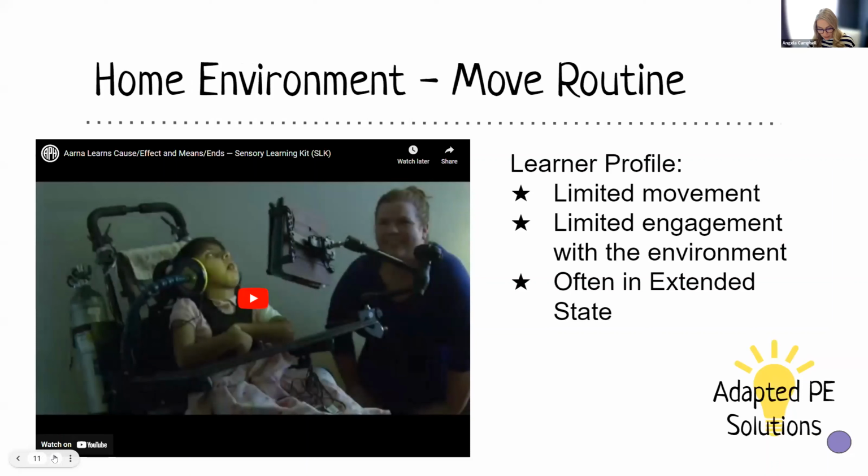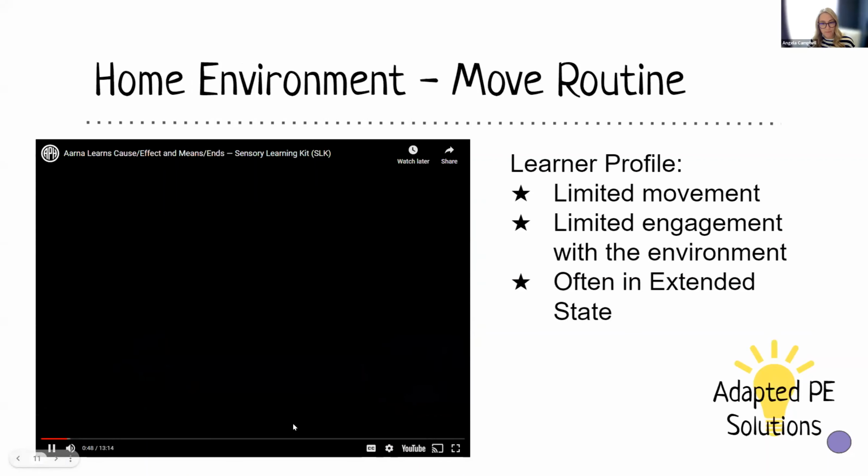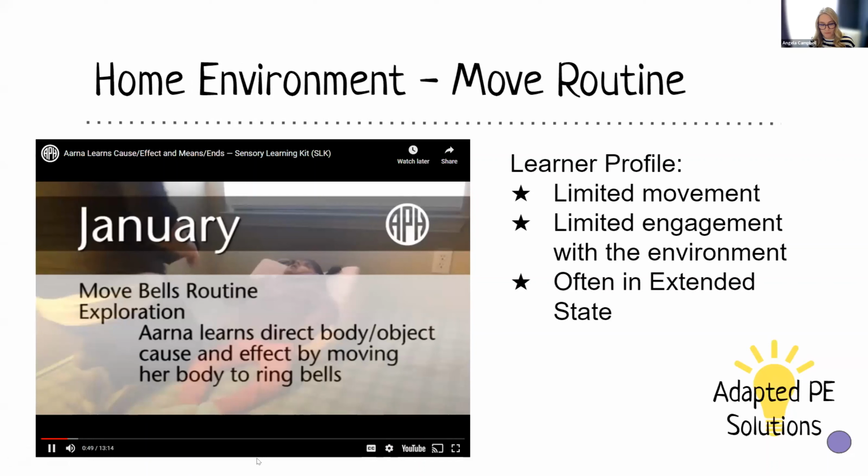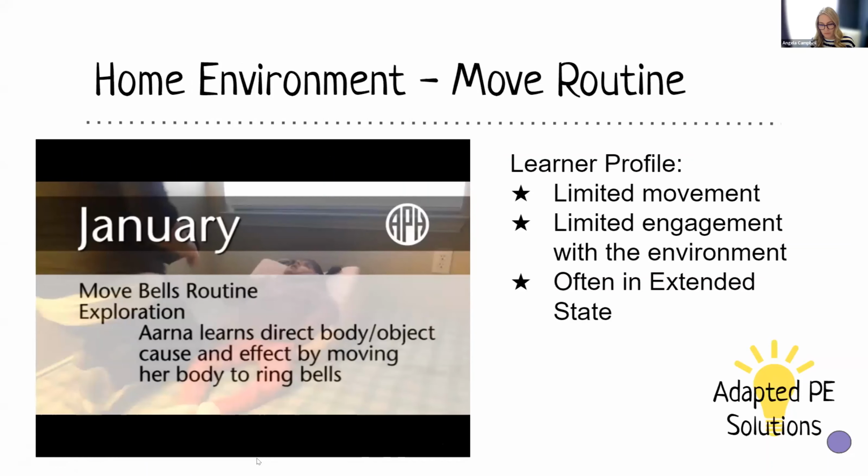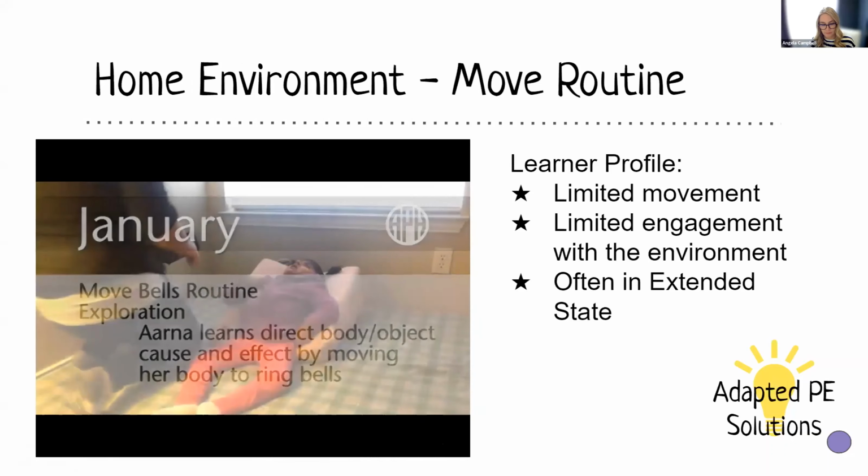Arna's learner profile includes limited movement, limited engagement with the environment, and she is often in the extended states. Bell's routine. Exploration. Arna learns direct body, object, cause, and effect by moving her body to ring bells.